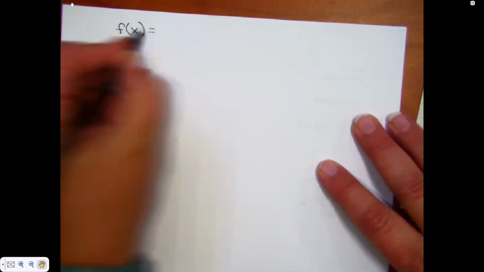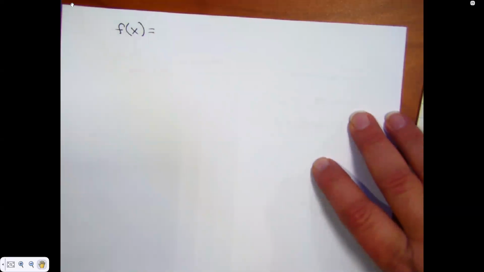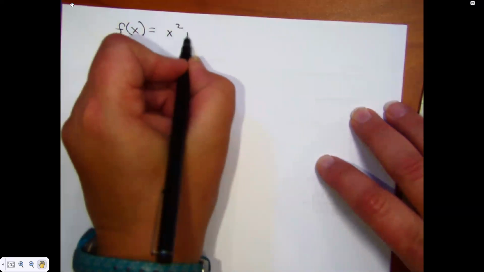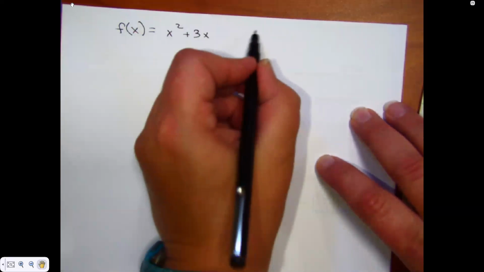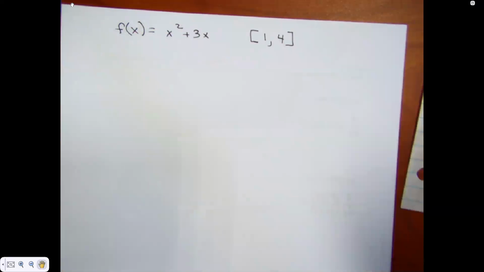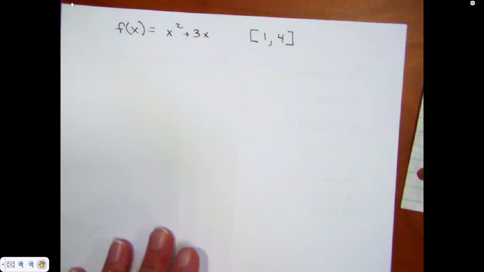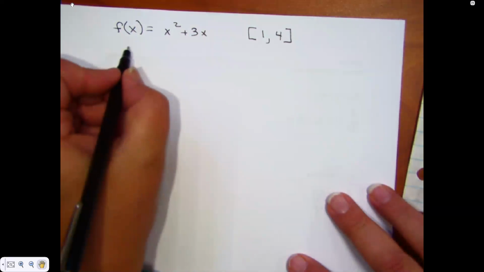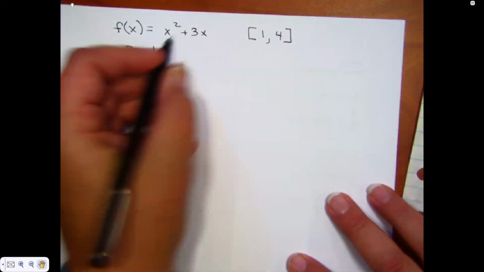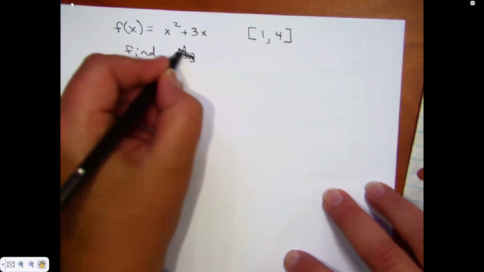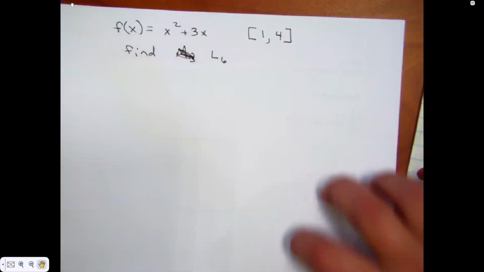And if we don't finish, you could just copy down my numbers, hopefully they're right. f of x is, what happens if it's x squared plus 3x, and we're going from 1 to 4. This time they wrote it kind of like that. Oh, and then find M of, oh no, we weren't going to do that one. Let's do L of 6.